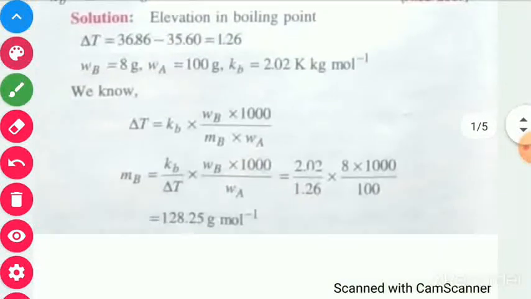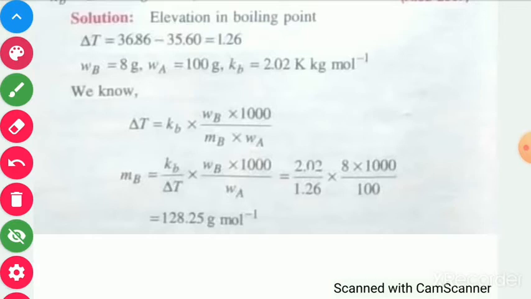As we know, delta Tb or delta T, which is also known as elevation in boiling point, is equal to Kb into Wb upon Mb into 1000 upon Wa. So the molar mass of solute Mb is equal to Kb into Wb into 1000 upon delta T into Wa.